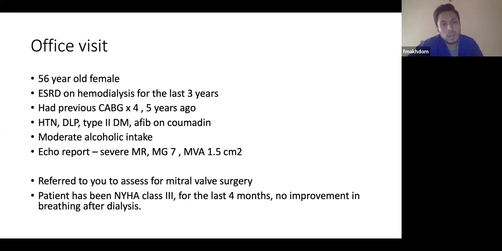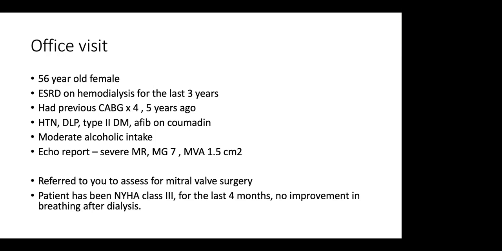You cannot feel her pulses peripherally, but you can feel a good femoral pulse. On cardiovascular exam, the only thing that's obvious is the mitral regurgitation murmur. Any history of claudication in this patient? No.